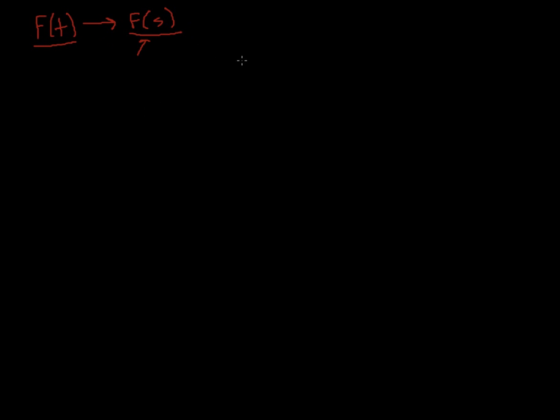Typically, this is how it works. Let's say they give you this function f of t. It could be anything. You'll transform it to fractions, and then you simplify everything a little bit using partial fractions.